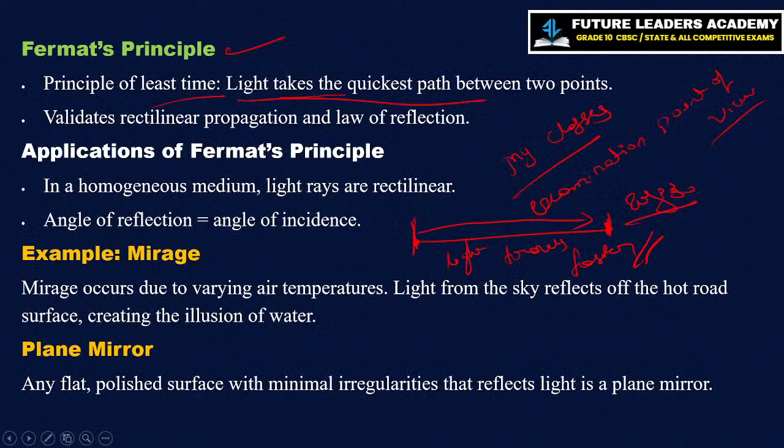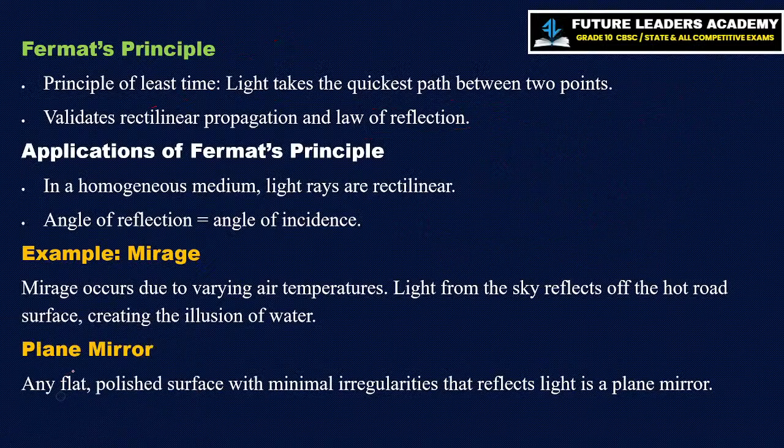Then the application validates the rectilinear propagation and the law of reflection. It will validate, meaning it will follow that. The law of reflection is also applicable here, and again it is rectilinear. What is rectilinear?